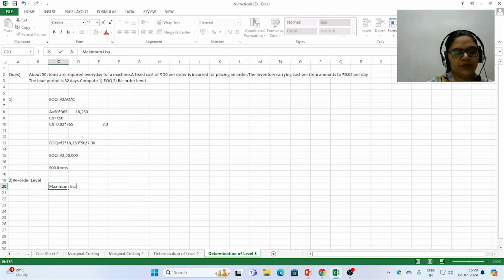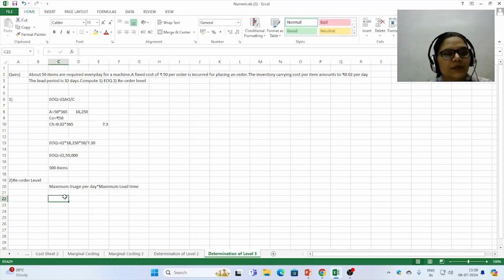Maximum usage, you can make out from the language of the question, since about 50 items are required every day for a machine.